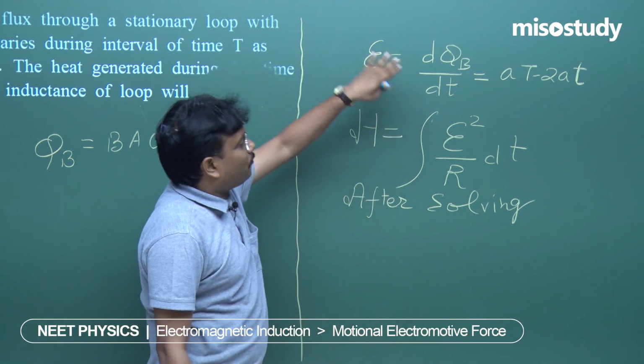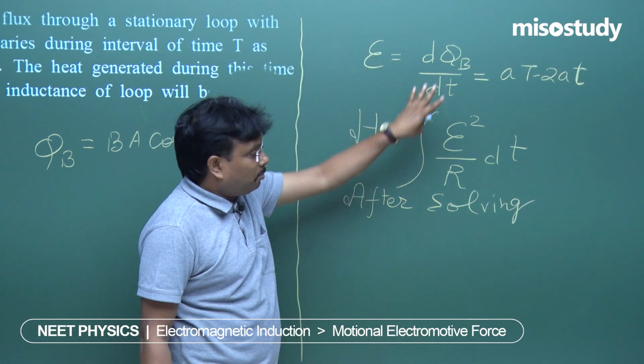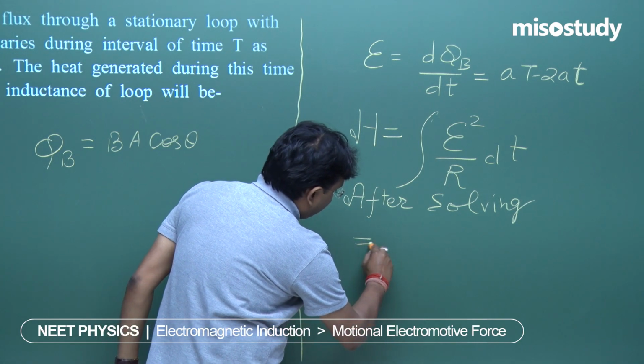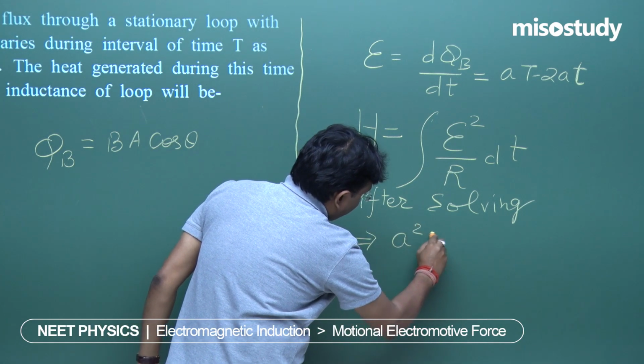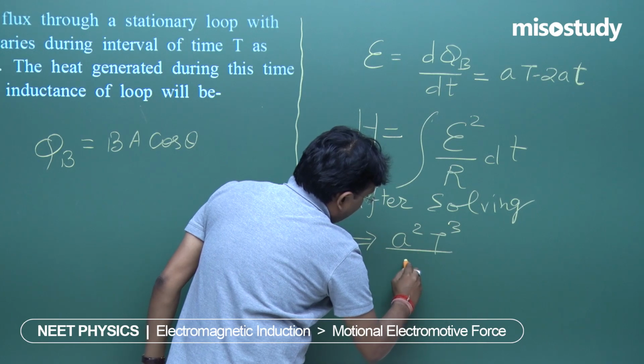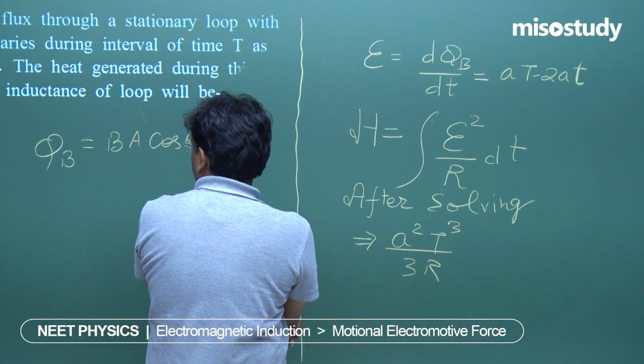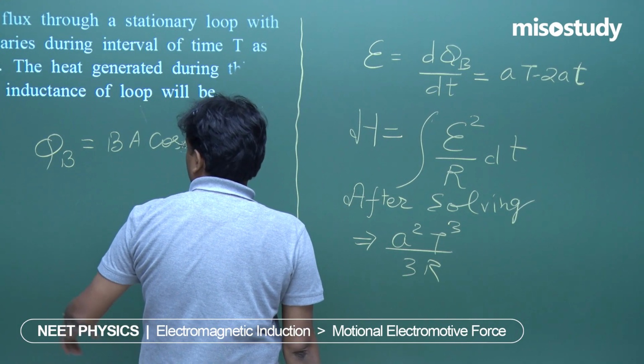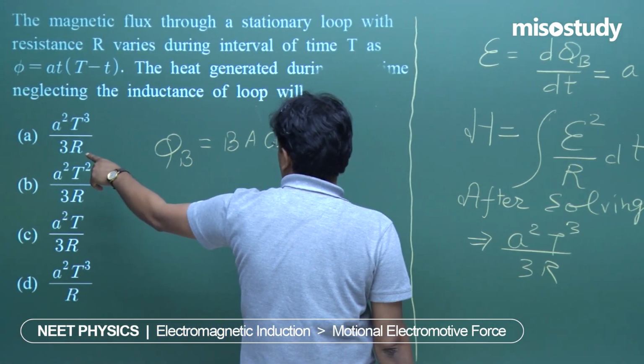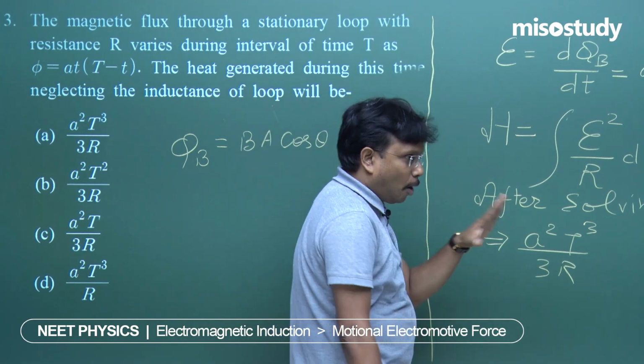Fine. So first is differentiation involved, then integration. So answer is going to be a square t cube upon 3r. So if you just take a look of this expression, from here you can easily say that a square t cube upon 3r, that is the correct option.